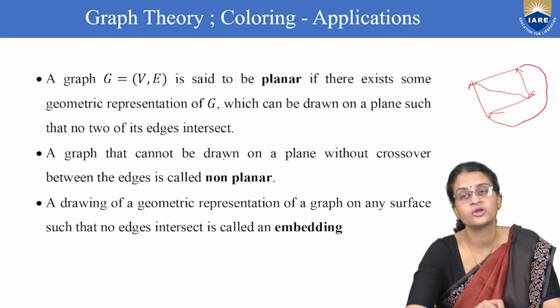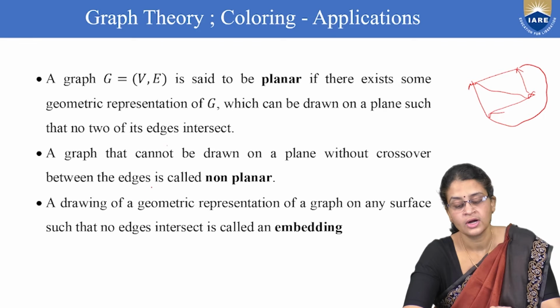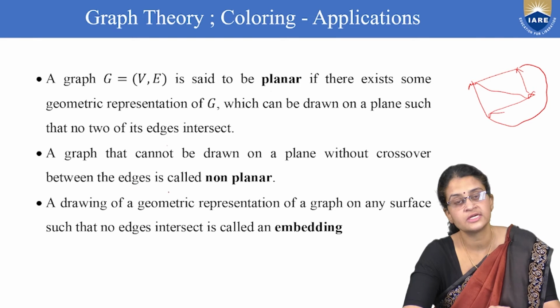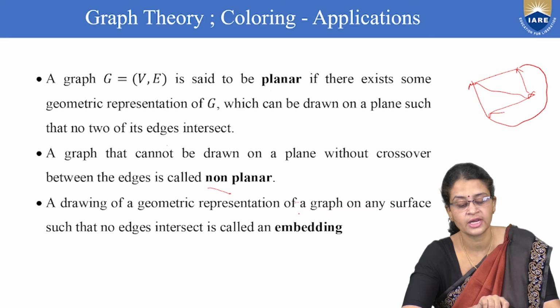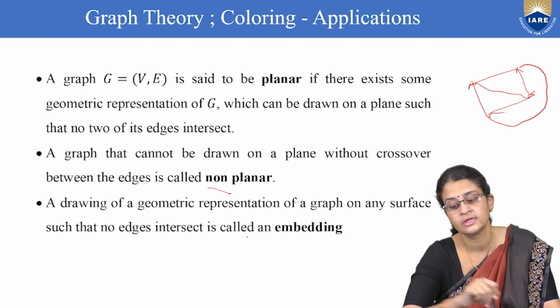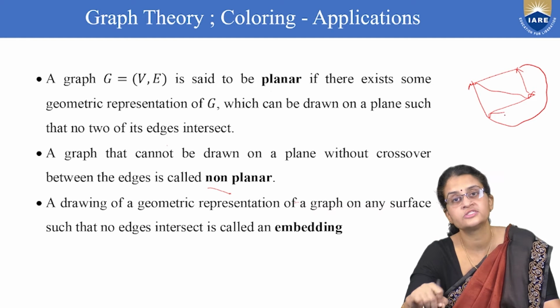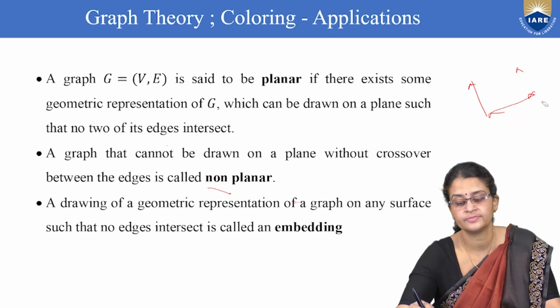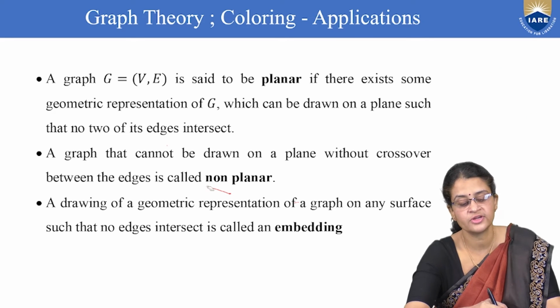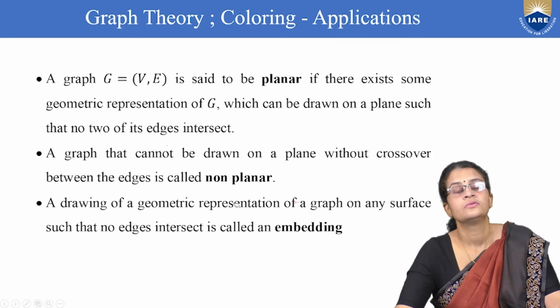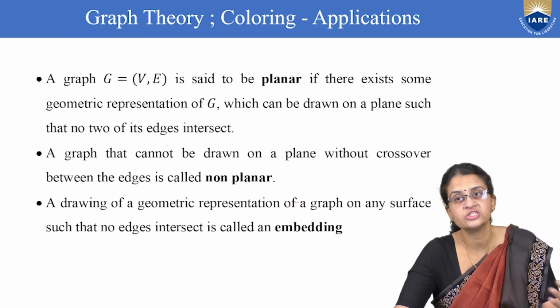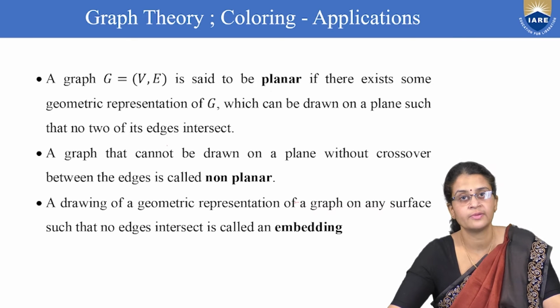A graph that cannot be drawn on a plane without crossover between the edges is said to be non-planar. A drawing of a geometric representation of a graph on any surface such that no edges intersect is called an embedding. If we can find a drawing such that no two edges intersect, then it is said to be an embedding of the graph, a planar embedding, or a planar representation. And if it has a planar representation, then we say the graph can be planar embedded.